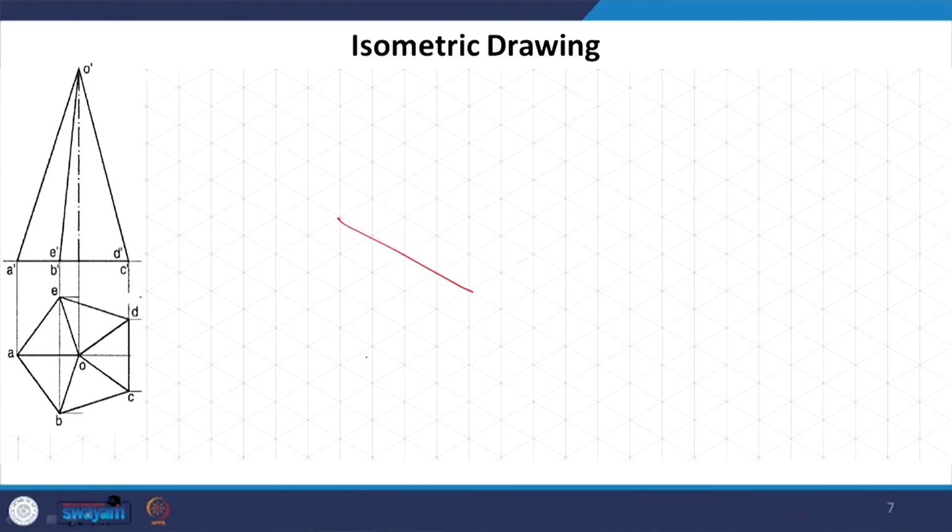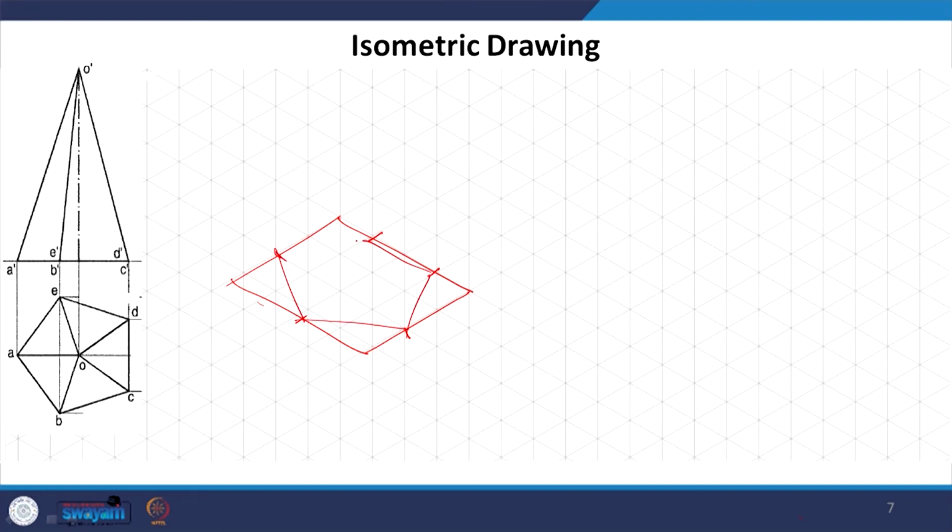Again, this is the same pentagonal pyramid, a similar pentagonal pyramid with a different height and this pentagon here. Now, you know very clearly where we start from. We start from this rectangle and we arrive at these points here.